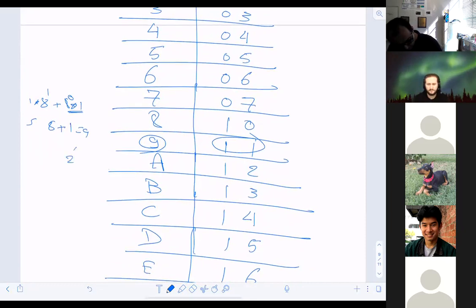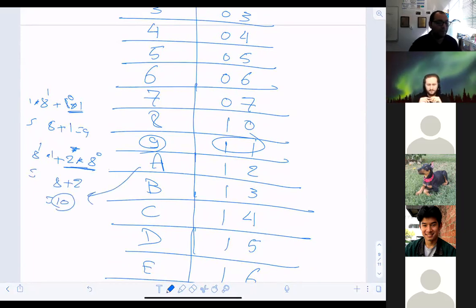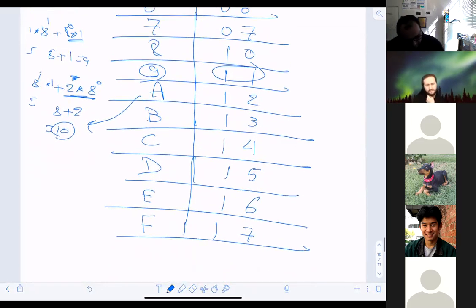So it's gonna be 2 times 8 power 0, and 1 times 8 power 1. So the value is what? This is 2 plus 8, which is 10, and we know 10 is A, because we cannot just say 10. 10 would be 2 digits. Got it.